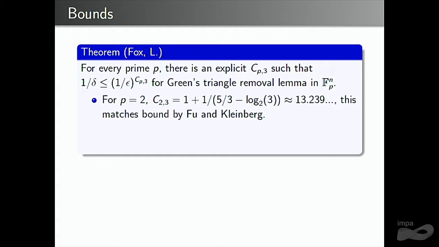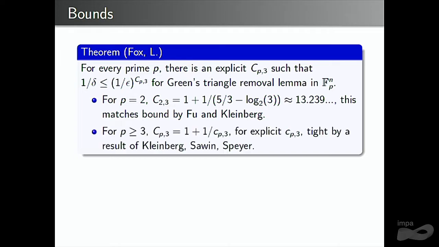So this matches the lower bound due to Fu and Kleinberg. And for p at least 3, we also obtain a lower bound that has an explicit formula, which is tight by a result of Kleinberg, Sawin, and Speyer that I'll mention in a second.